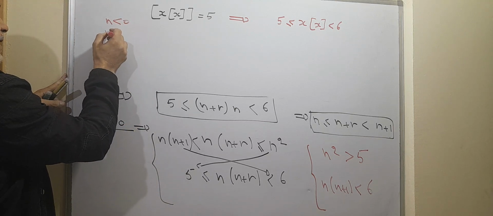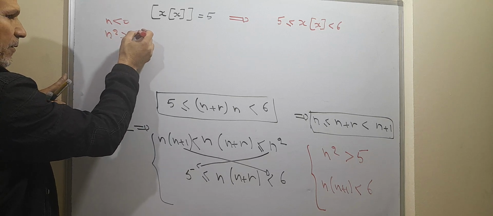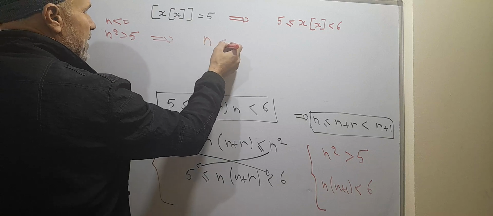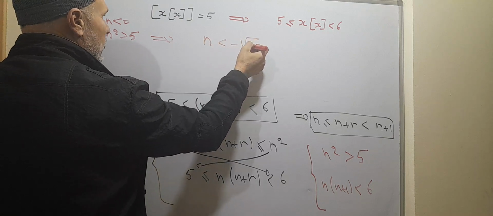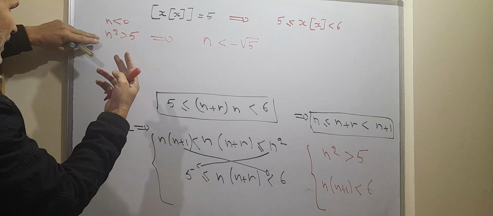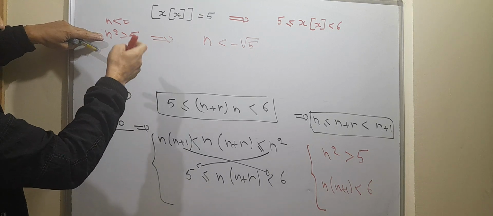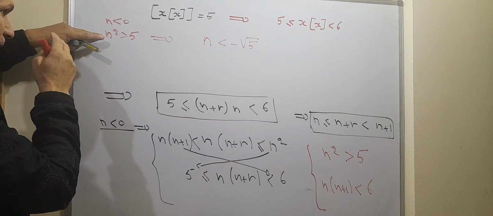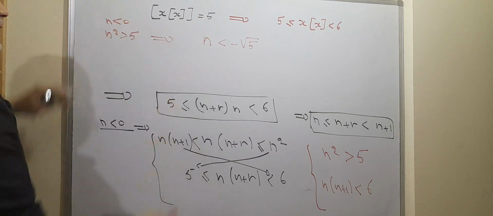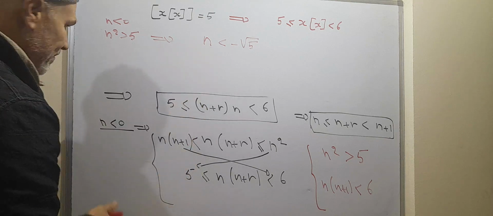Since n is negative, n squared greater than 5 implies that n is less than minus square root of 5, because we have two cases, n less than minus the square root of 5 and n greater than the square root of 5, and since n is negative, this means just this.